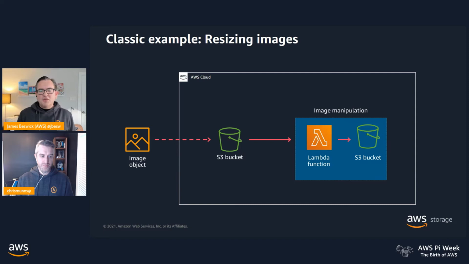And every time a new image is put into that bucket, that invokes a Lambda function. The Lambda function then has some code that uses a library such as ImageMagick, for example, to then optimize or resize the image. And the output image is then stored in a second S3 bucket. And there are many implementations of this online with lots of different runtimes and different graphics libraries available. And we'll be looking at some of this in the code examples.